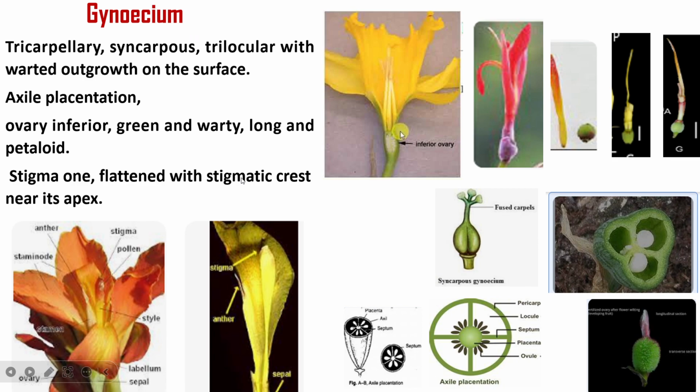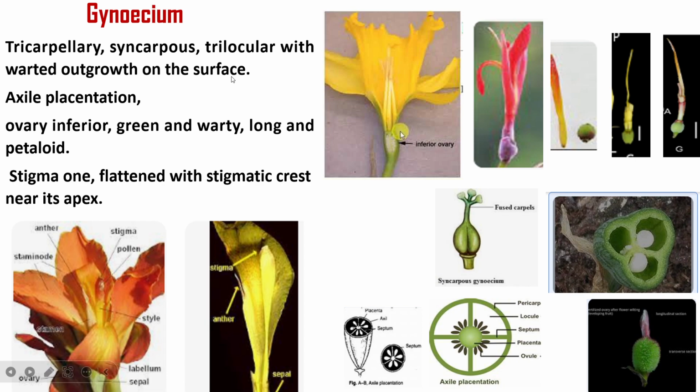Then gynoecium. Gynoecium is the female reproductive part of the flower. Here, gynoecium is tricarpellary. Tricarpellary means carpels 3. Syncarpous means carpels united. Trilocular with warty outgrowth on the surface. Trilocular means 3 locules. Then warty outgrowth means outgrowth on the surface.